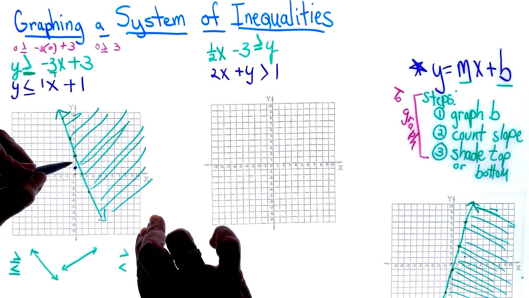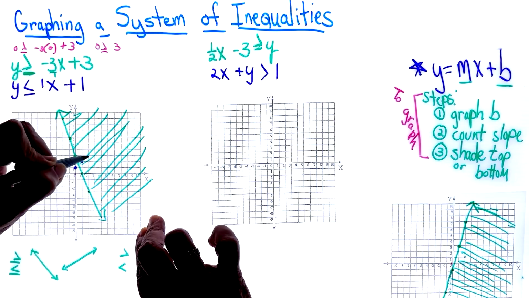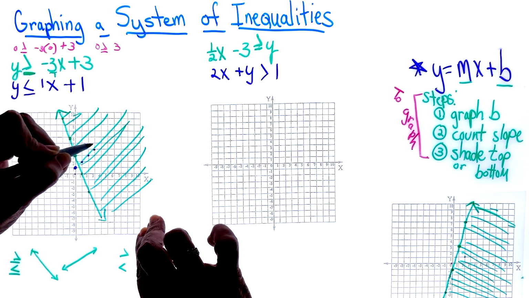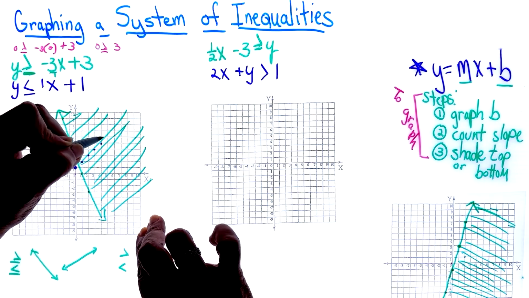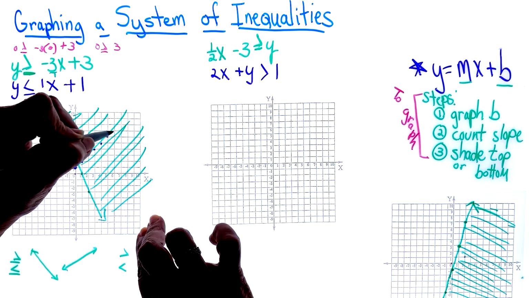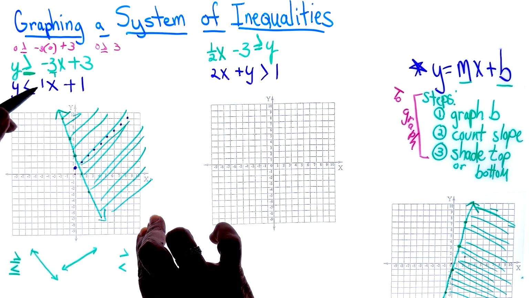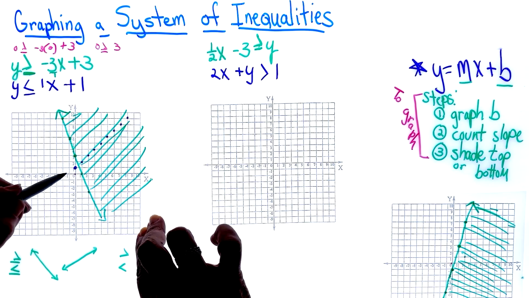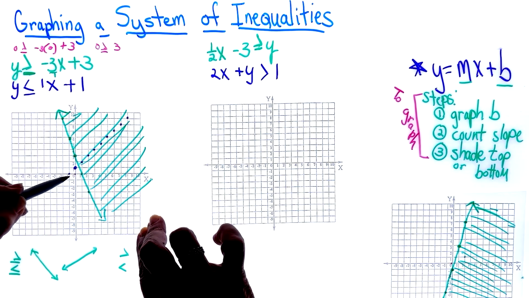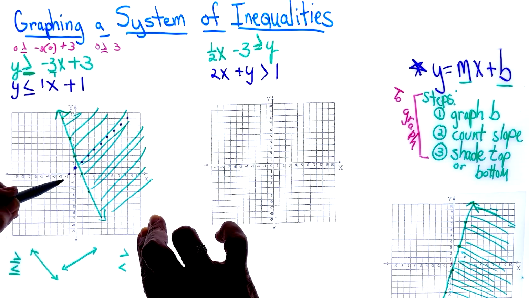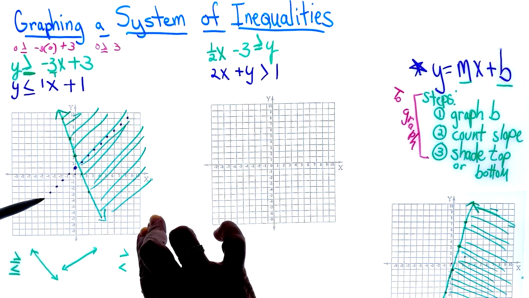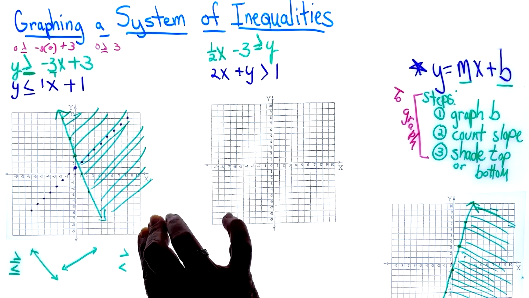So I'm going to go up 1 and over 1, up 1, over 1, up 1, over 1. I like to have it filling my graph so I can really see where my solutions are. And I'm going to go down 1 and over 1, down 1 and over 1, all the way down the graph so I can make a nice straight line.